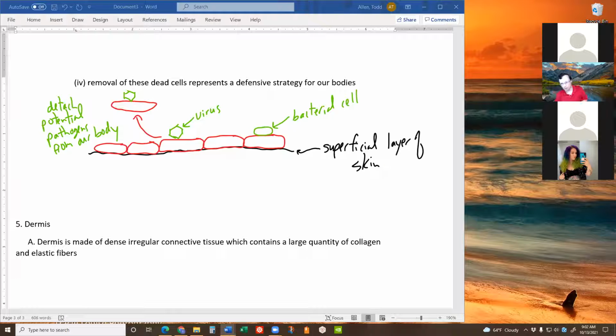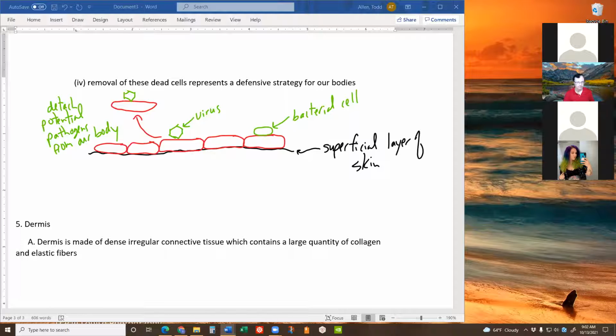Okay, Raquel, second time around is the winner, right? Fibroblasts. That's exactly right. You're going to find fibroblasts in the dermis. Fibroblasts make a lot of collagen and secrete it from the cell to form the chains of collagen fibers that make up the extracellular matrix of the dermis.